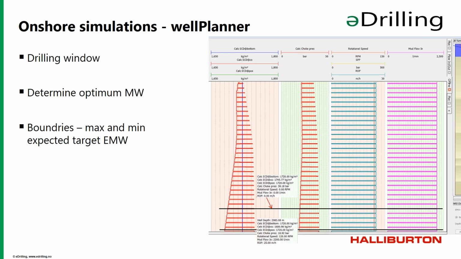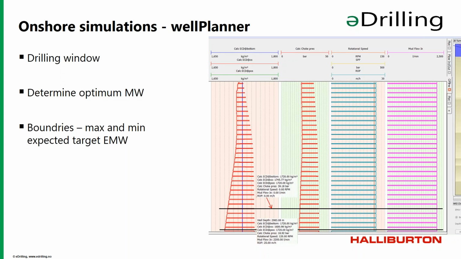When discussing with the customer that they want to use the managed pressure drilling technique, we discuss the well, what's planned for the well, and then you do onshore simulations. We then look at what the drilling window is, what the challenges are, and then based on that we determine the optimum mud weight to be able to achieve the objectives for the well.